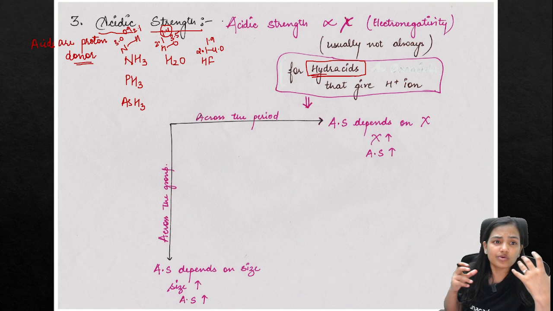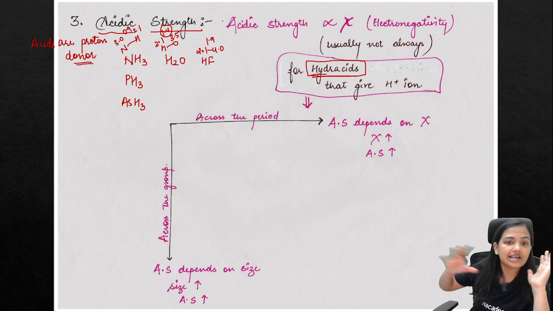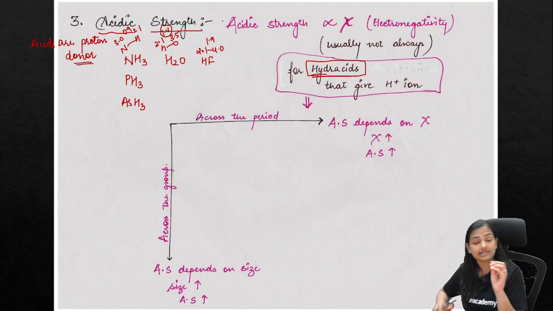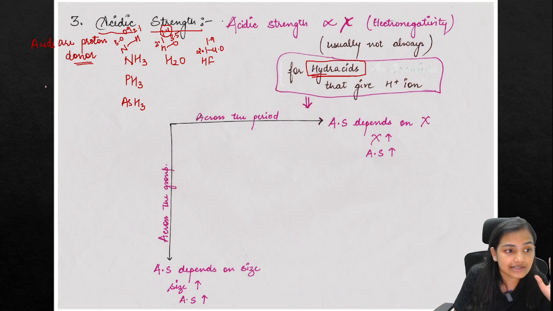So which has more tendency to give H positive? None of them is ionic, all are covalent because the difference is less than 2.1. They all are covalent hydracids.